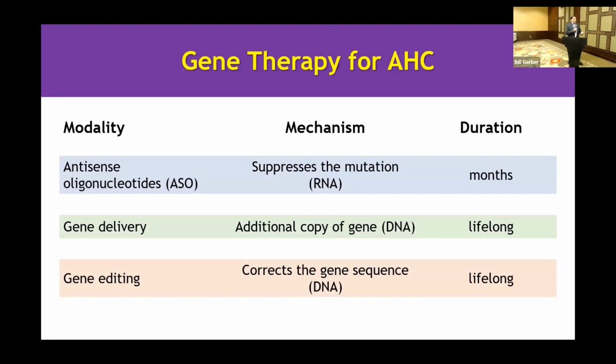But antisense oligonucleotides: the concept there is, can we turn off the mutated copy of the gene selectively so that just the normal copy exists in the cell? If that works, this would have to be delivered on a regular basis for the life of the individual, because the duration is short-lived.